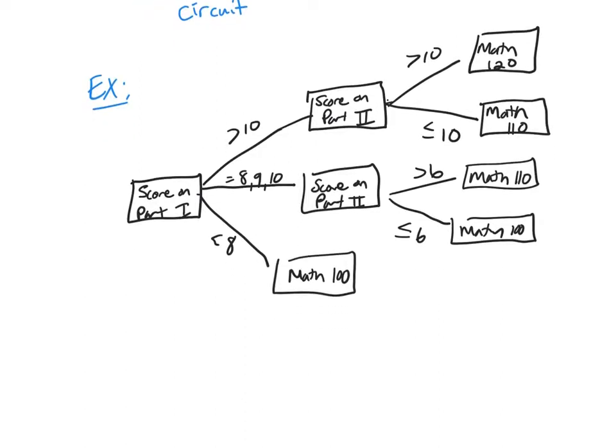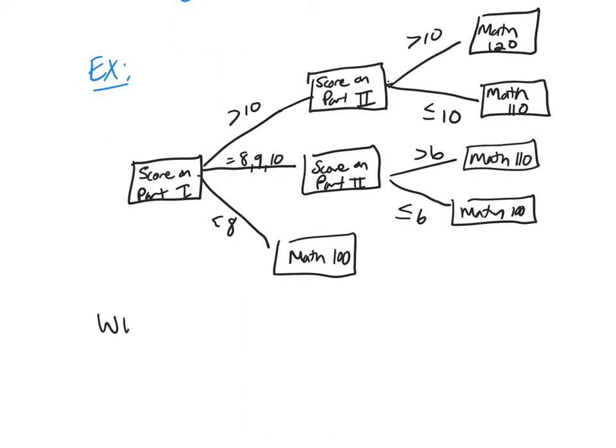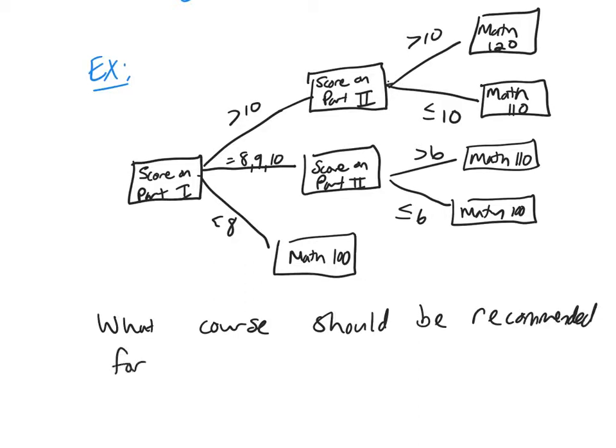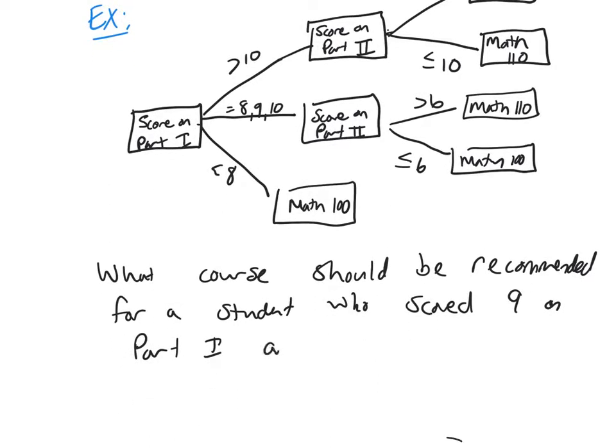And so I want to know, based on this decision tree, what course should be recommended for a student who scored 9 on part 1 and 7 on part 2.